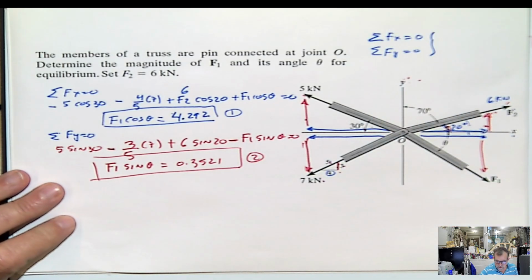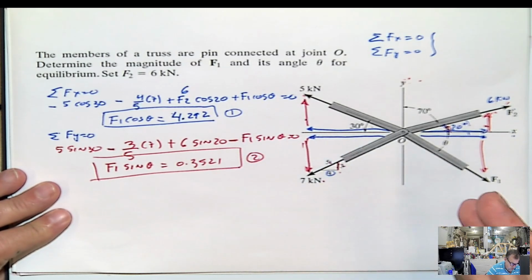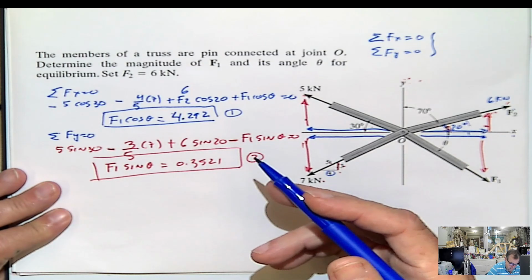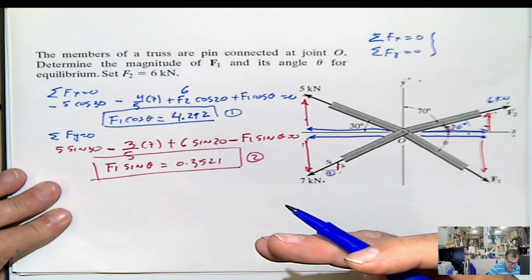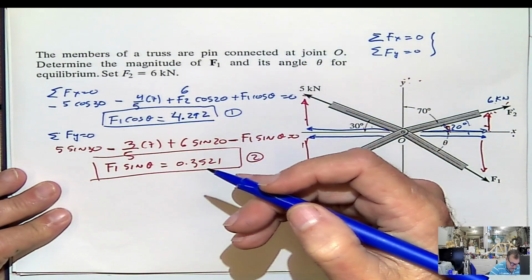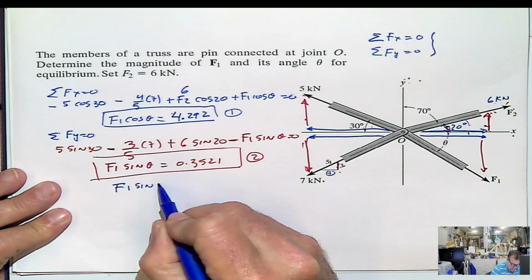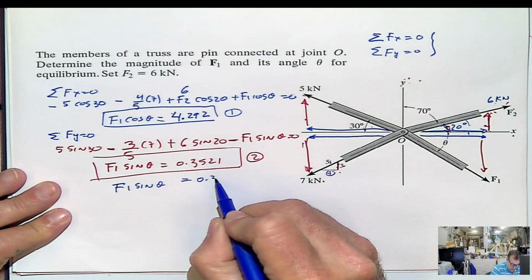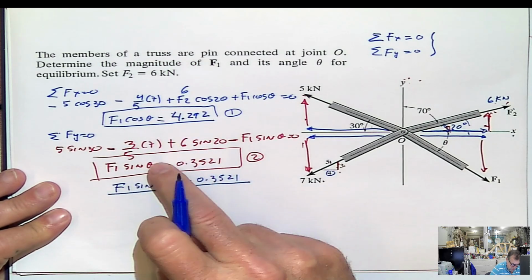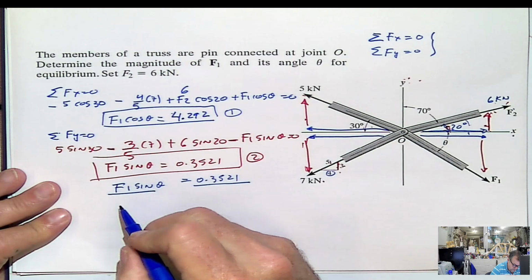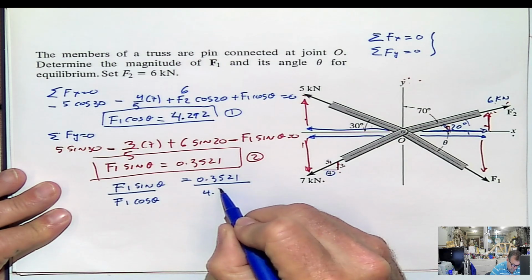Now we can solve this system in any way that you want. Obviously the solver for the calculator doesn't work for that. You can use substitution, solve for F1, put it in the other equation. I like when I have these type of situations, just divide one equation by the other one. So I'm going to divide equation 2 by equation 1, meaning I'm going to put here F1 sine of the angle equals 0.3521, and I'm going to divide term by term by the other equation, which is F1 cosine of the angle and 4.292.